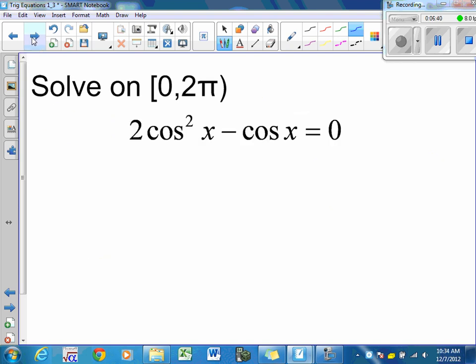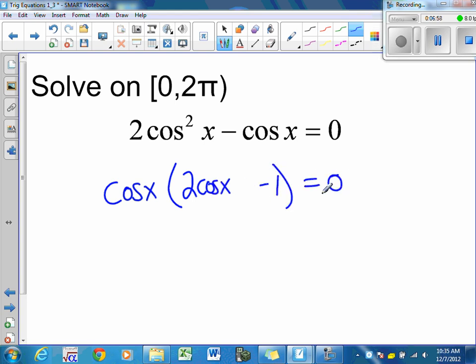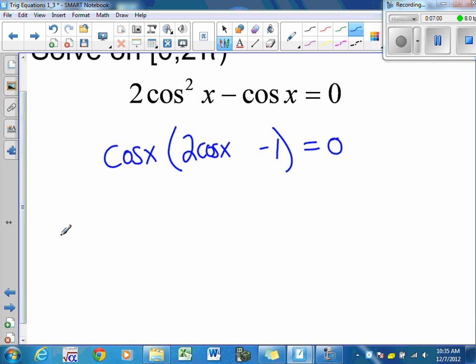The other kind of problems, we're going to have to use a little factoring. I have 2 cosine squared minus cosine. So what I have to do is factor out a cosine, and I get cosine times 2 cosine minus 1 equals 0. Now I can split that into 2 problems. Cosine of x equals 0, and 2 cosine x minus 1 equals 0.